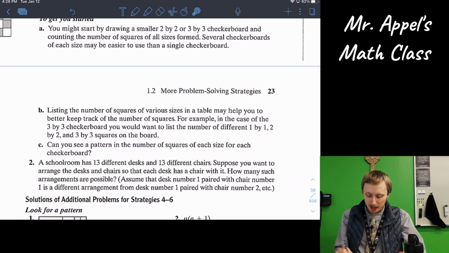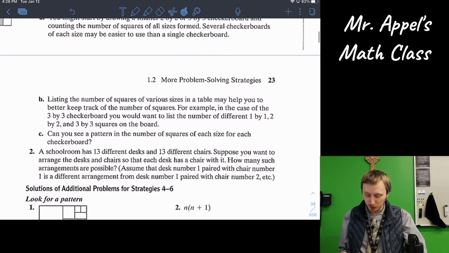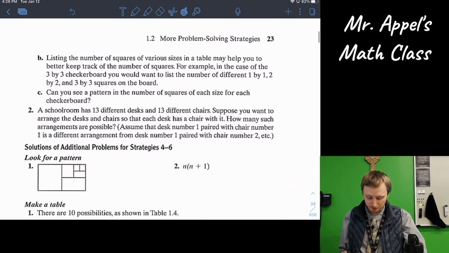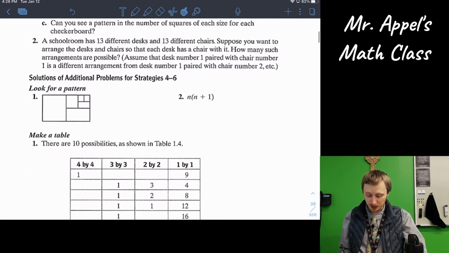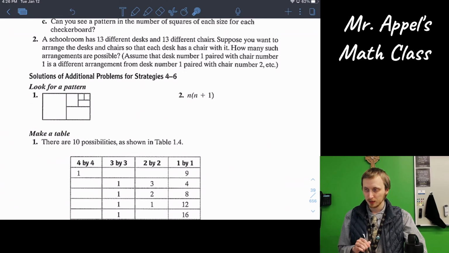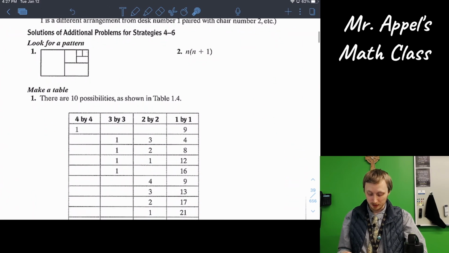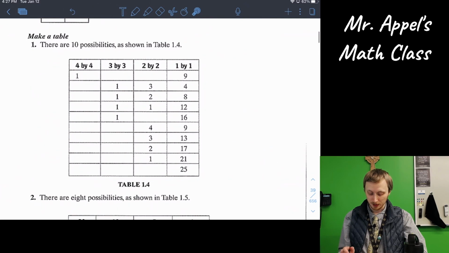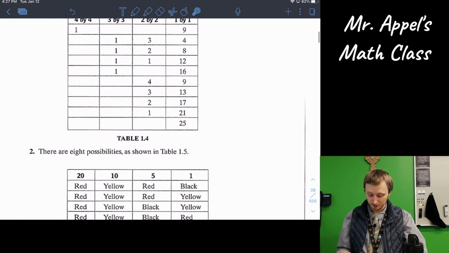Okay, welcome back. Here we go. Spoilers for the additional problems. For looking for a pattern, here is our drawn-in result and our formula, n times n plus 1. For making a table, there are 10 possibilities for the first problem, shown in the table there.